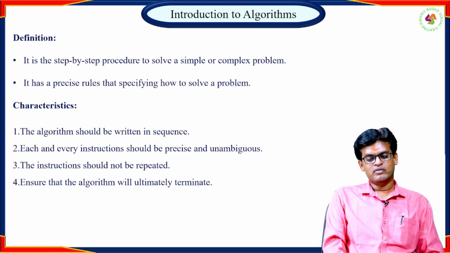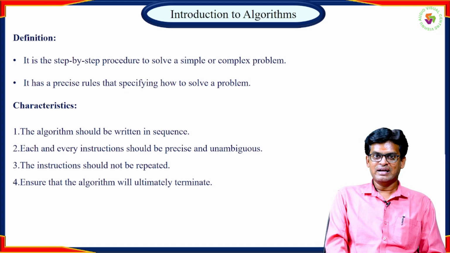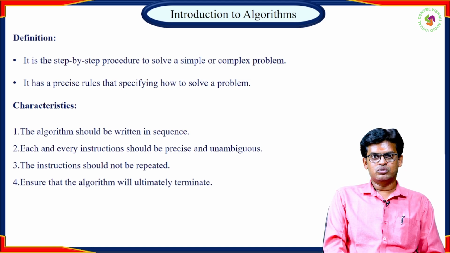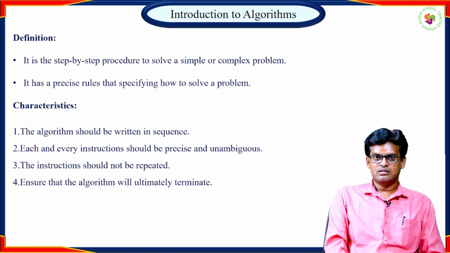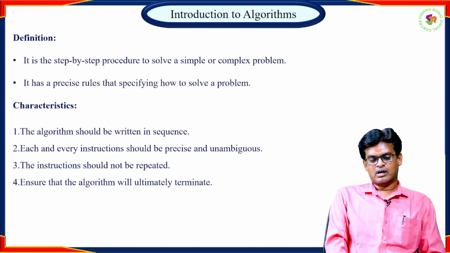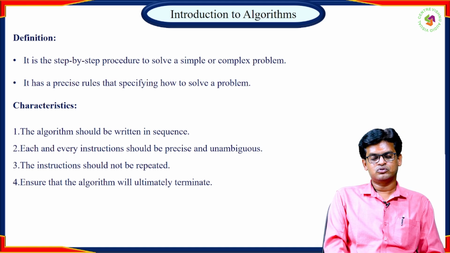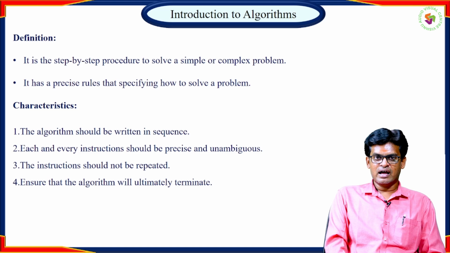Your algorithm should be very clear and understandable to everyone; every programmer should understand it clearly. The instructions should not be repeated twice or thrice. And the algorithm should ultimately terminate, which means your program should be executed with the help of the steps followed in the algorithm.